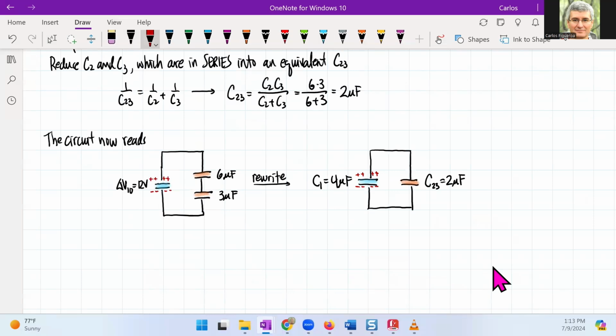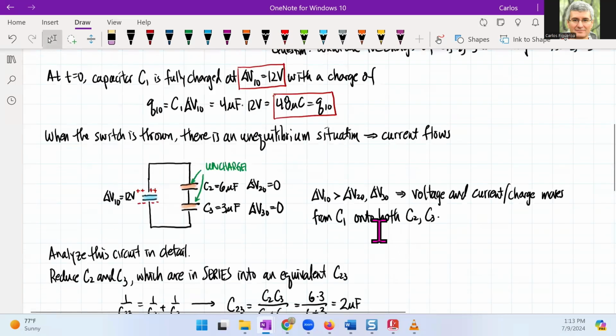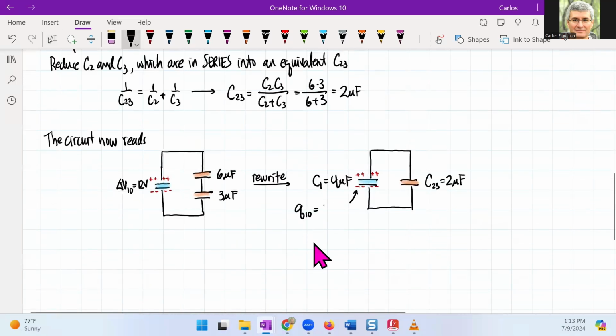We know that initially the amount of charge on this plate here is Q1 initial, and I think, what did we calculate? 48, I believe. Yeah, 48 microcoulombs.